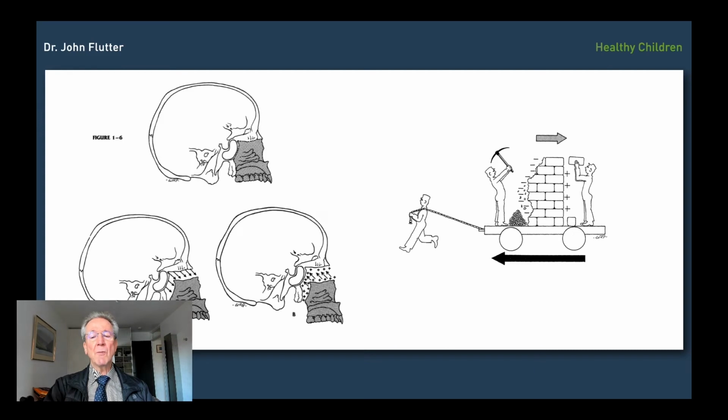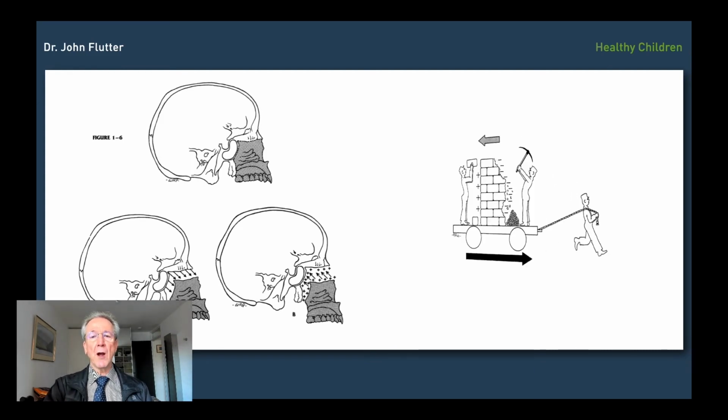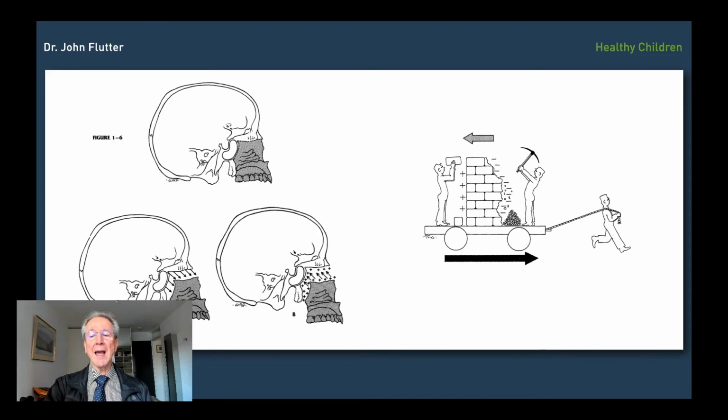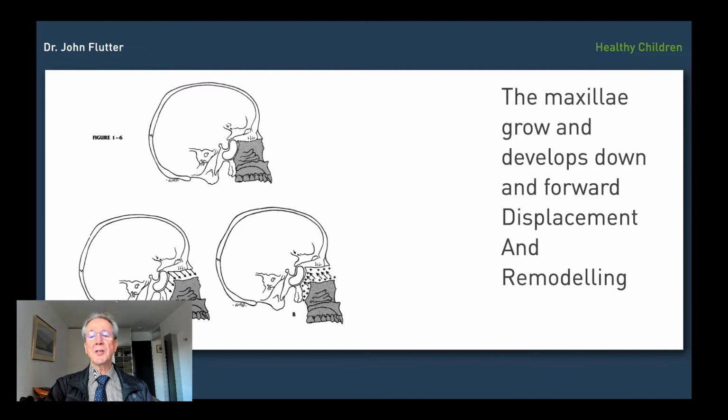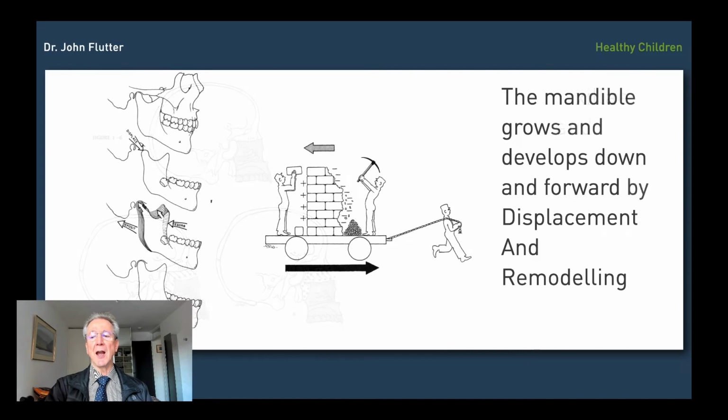And that downward and forward movement occurs because we get the growth and development at the back, as I'll change the picture around to make that clearer. And we can see that that is both displacement, downwards and forwards, and remodeling, ending up with the shape that the maxillary arch is, the two maxillae are.